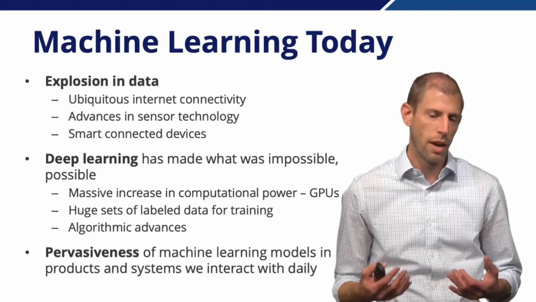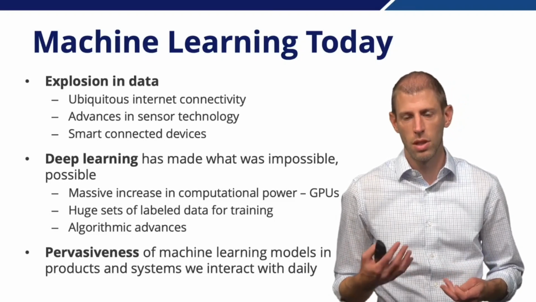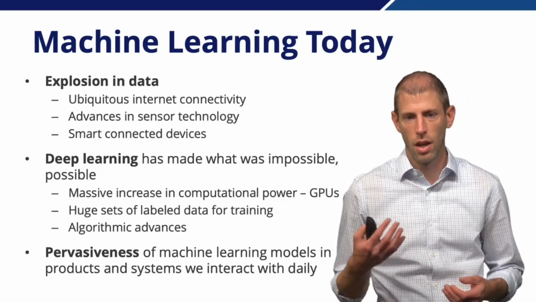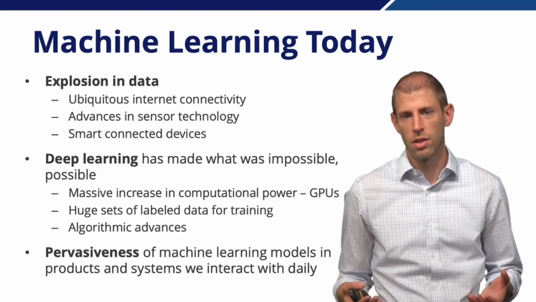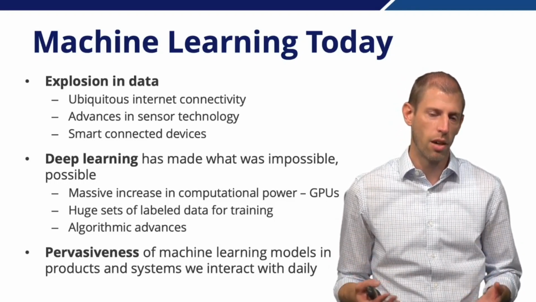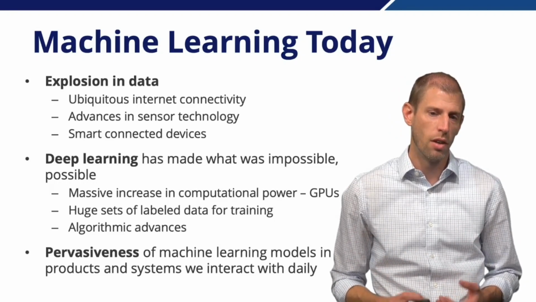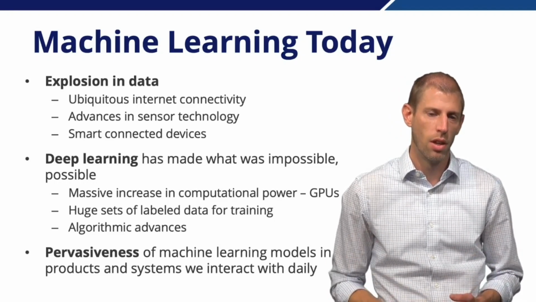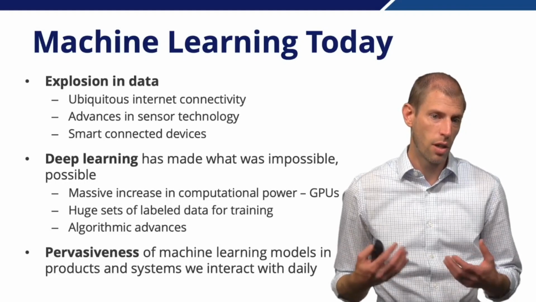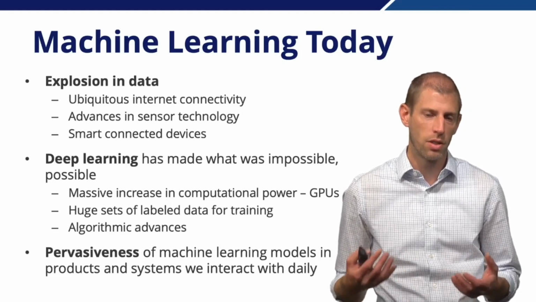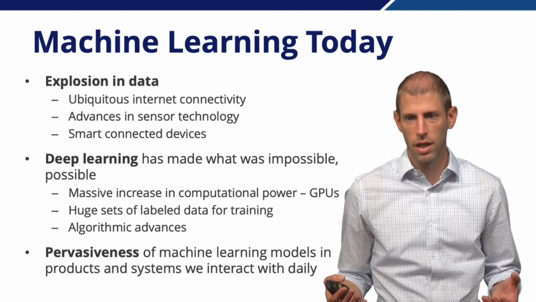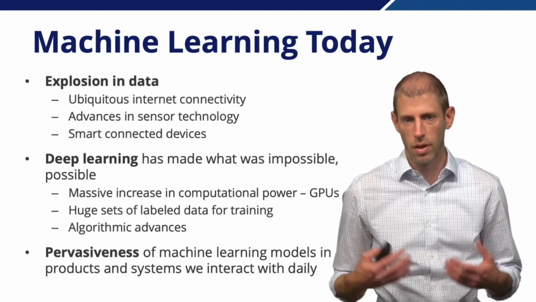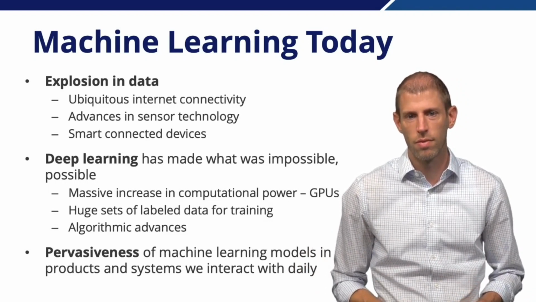Secondly, we've seen efforts by scientists, researchers, and other people throughout academia and the corporate world to assemble huge sets of what's called labeled data, which is available for training very large, very complex models. And thirdly, we've had significant breakthroughs and algorithmic advances, which have allowed us to build innovative machine learning architectures to accomplish very difficult tasks.